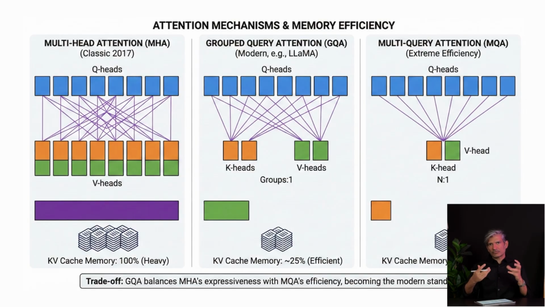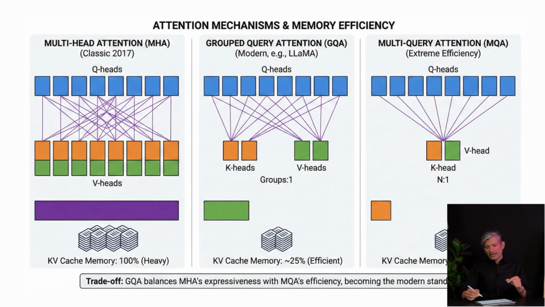But it's expensive, because now you have the full KV memory, so it's 100%, it's heavy. What you can do is decide to have it lower. For example, in multi-query attention, MQA, you would have an n:1 ratio. So if you have 8 heads, you would have just 1 key head and value head.